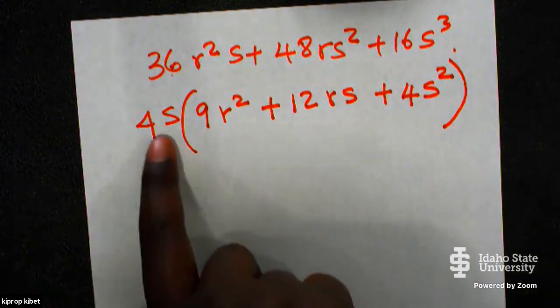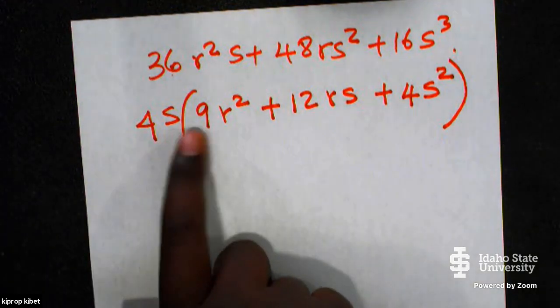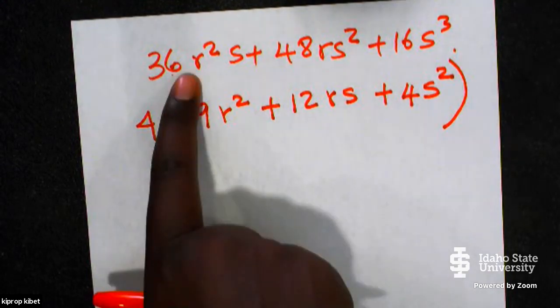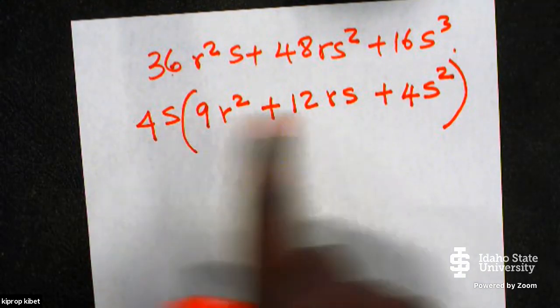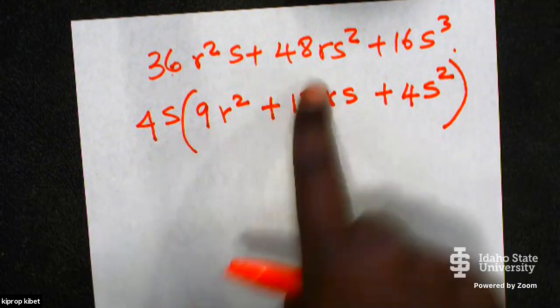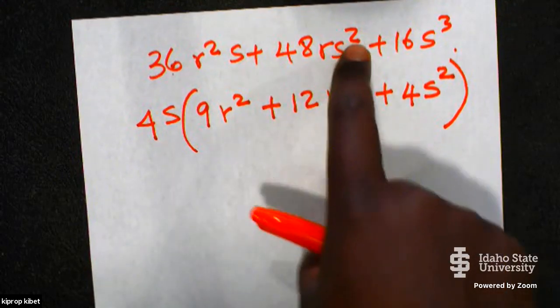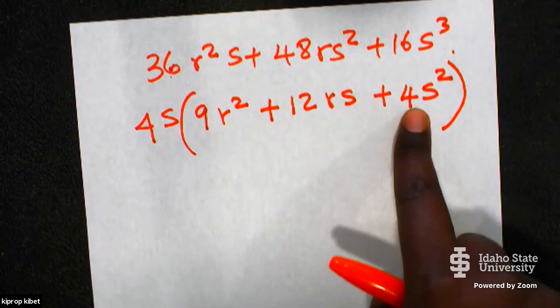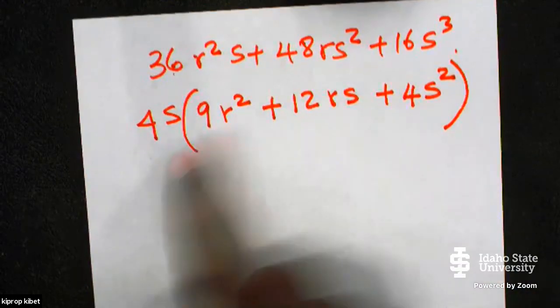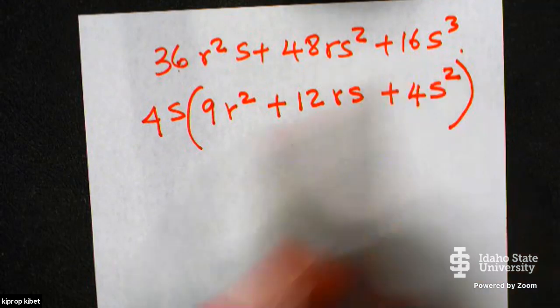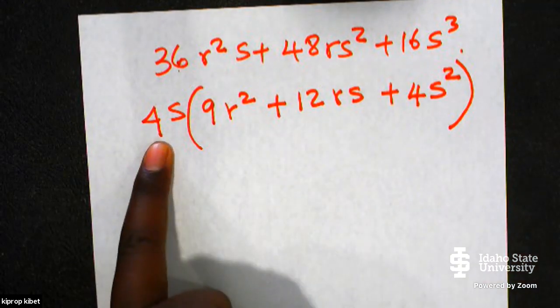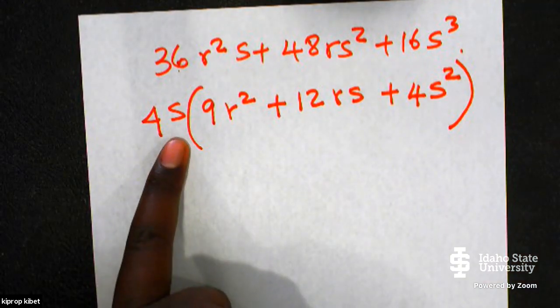So when you open these, the common factor gives 36R squared S plus 4 times 12RS is 48RS squared, and 4 times 4S squared is 16S cubed. So you factor out the greatest common factor there.